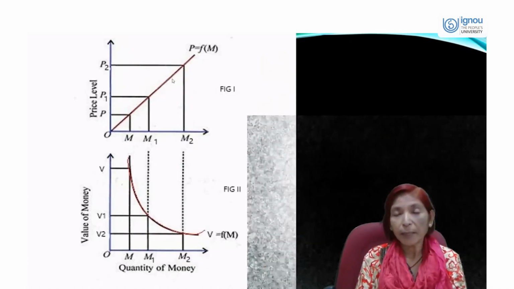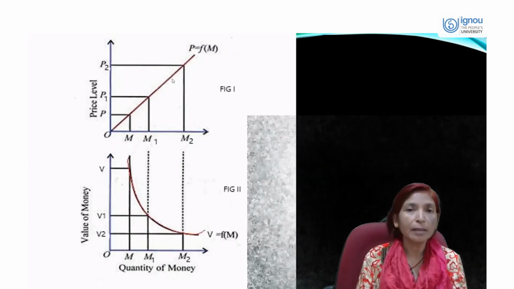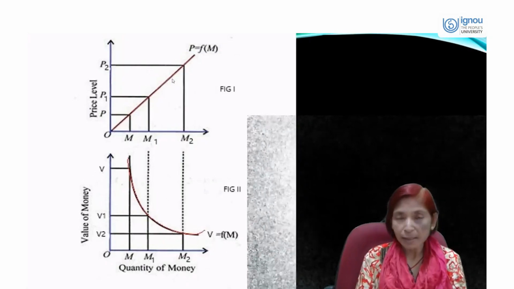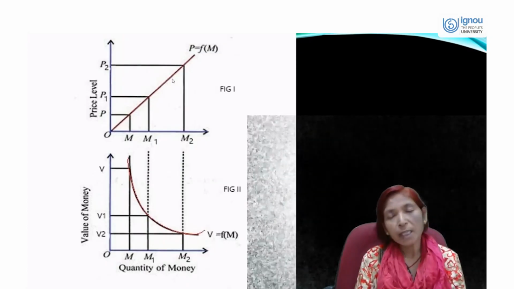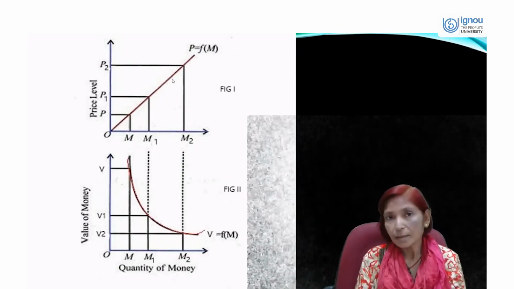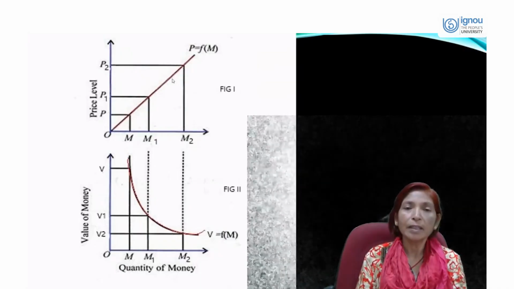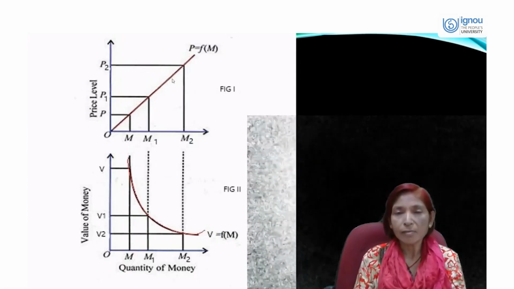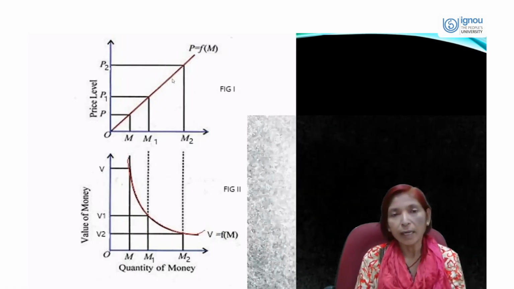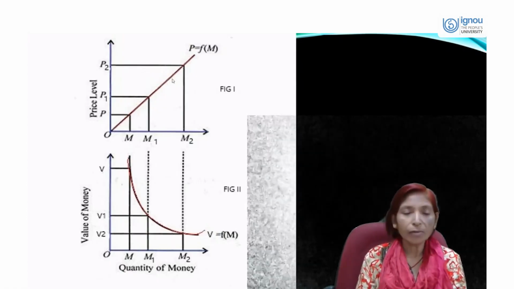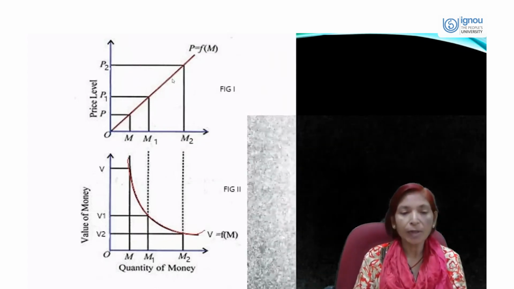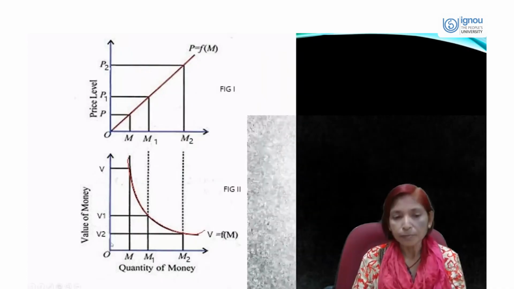At the time of independence, the value of money was very high and the quantity of money was very low. But at present, money supply is very high and the value of money is very low. So as money supply increases from M to M1 and M1 to M2, value of money falls from V to V1 and V1 to V2.